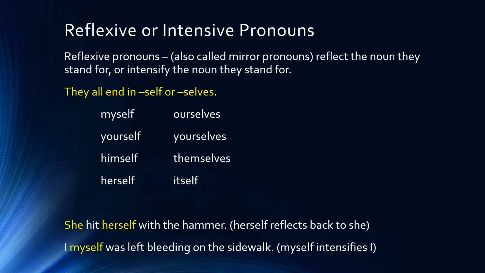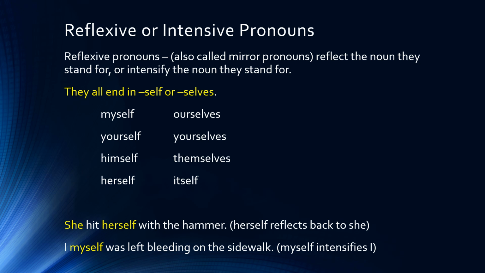Now think about these two sentences. She hit herself with a hammer. The pronoun herself reflects back to she, so it mirrors she. I myself was left bleeding on the sidewalk. Myself intensifies I. So it's two different pronouns.